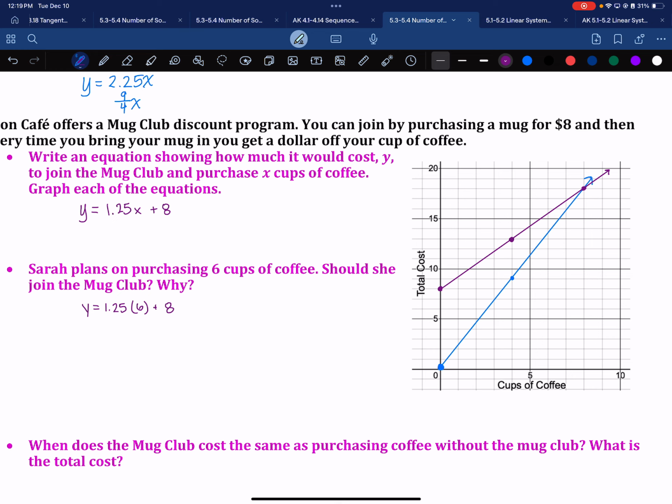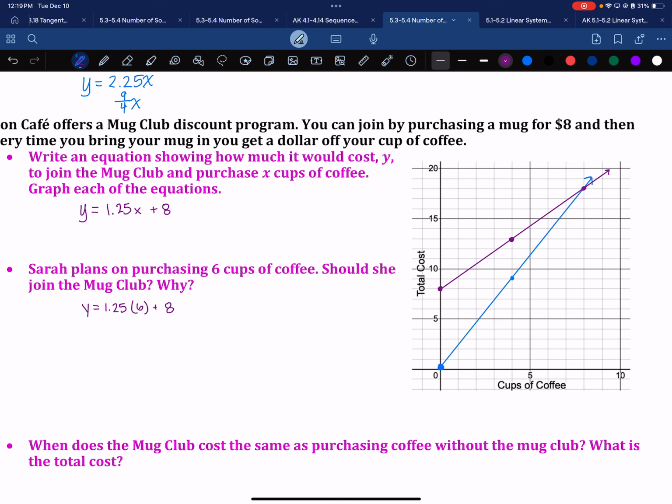Which one am I paying more money for? Purple. What did my purple represent? Purple was the mug club. So the mug club was more expensive at 6 cups than without it.